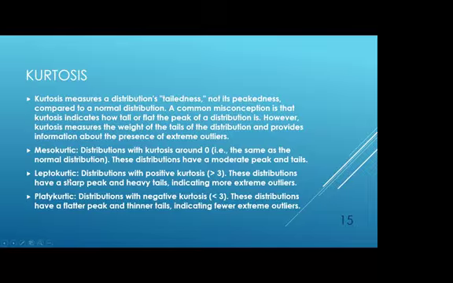But if it is too tall, with relation to your normal, we'll call it leptokurtic. They have a sharp peak and heavy tails, which means the tails will extend long. And then you have the negative, where the curve will be flatter, and the tails will not be that big, right? So then they are platykurtic.